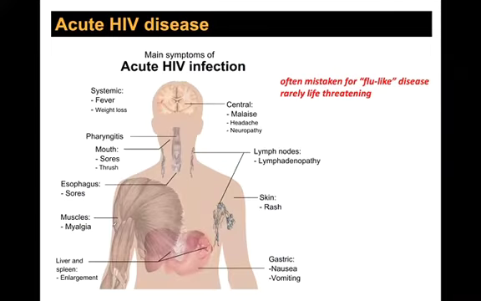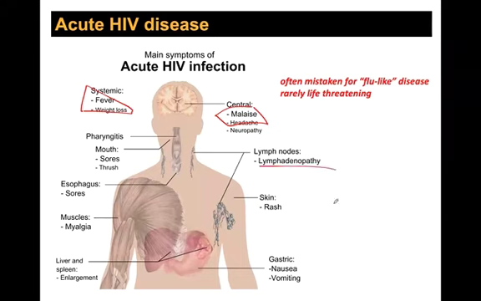So the question is, when you get HIV, do you feel sick? We all know about AIDS and the long-term effects, but when you first get HIV, you get a flu-like disease. It's rarely life-threatening, but 10 to 14 days after infection, you'll feel things like fever, malaise, which is general uneasiness, and headaches.